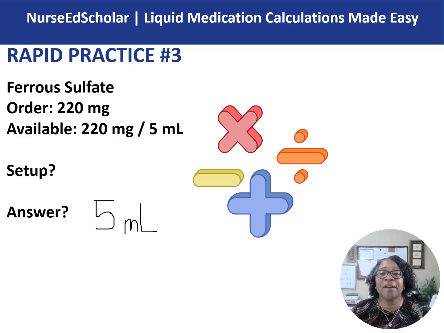Ferrous sulfate can make you constipated, so you want to teach the patient to drink lots of water. Also, you want to teach your patient that iron can darken the stool. Especially with a lot of older people, they're very aware of their bowel habits, so you want to really make sure that you educate them appropriately.